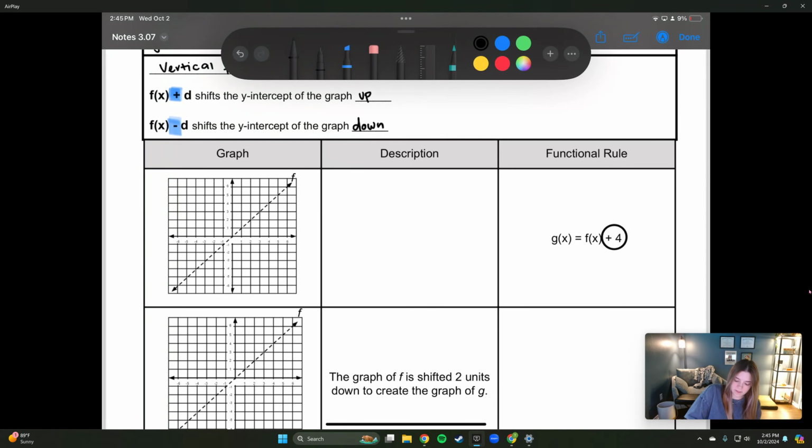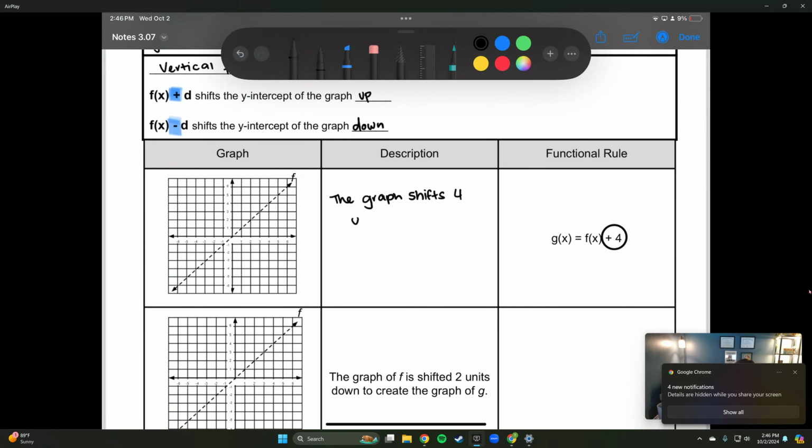So you would say something like the graph shifts, okay? We're talking about shifting it. We're not going to turn and curve and swirl. We're shifting 4 units up.